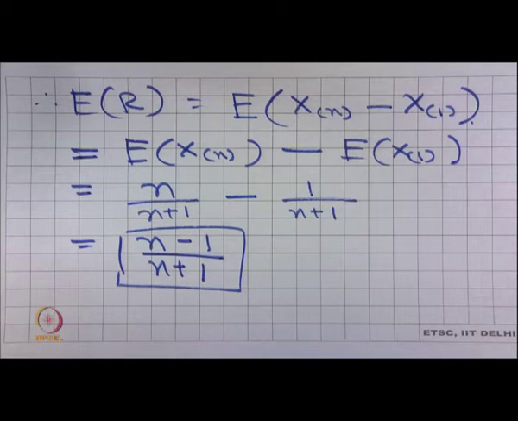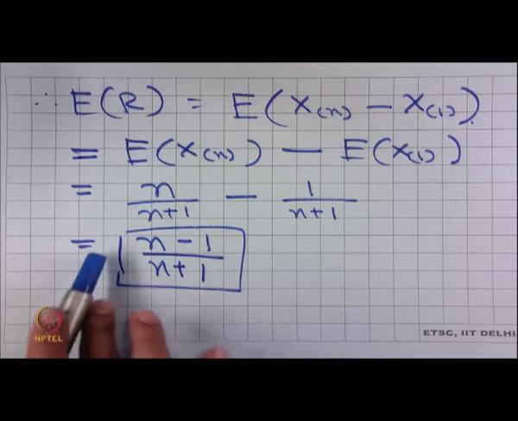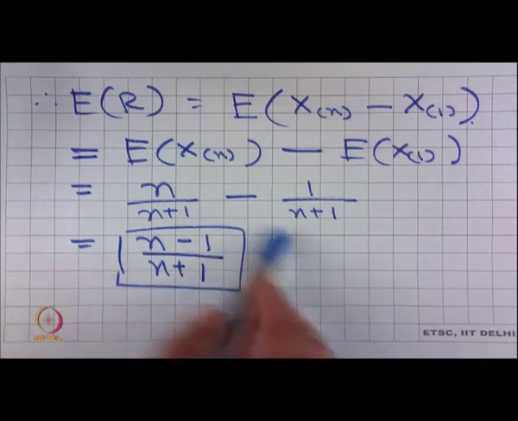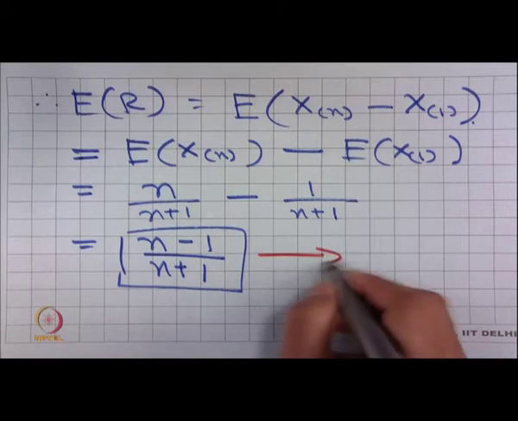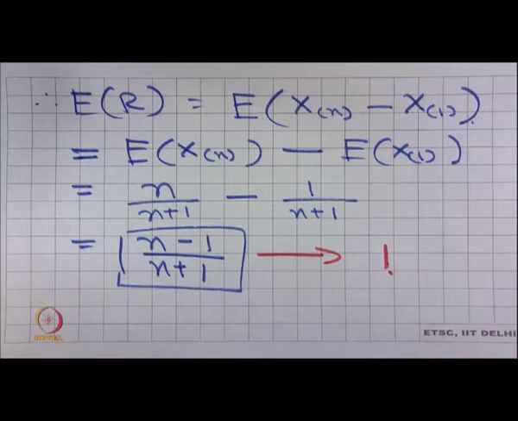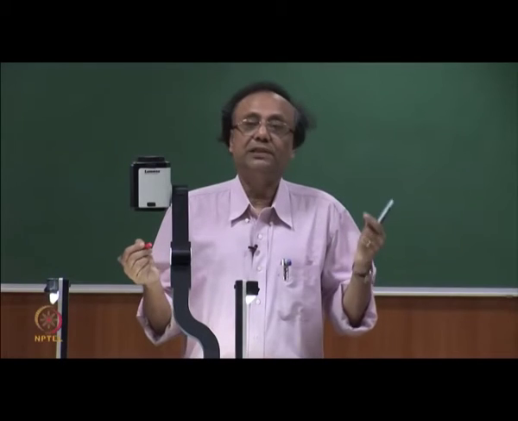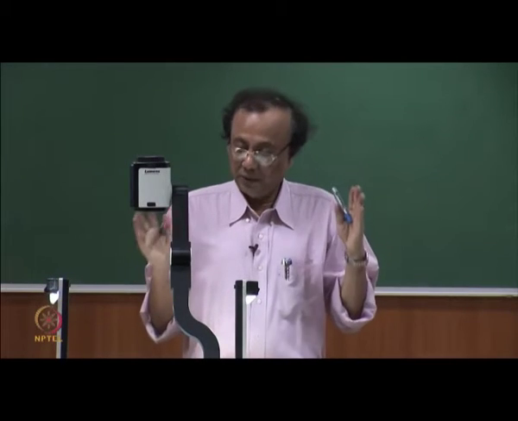Therefore, if we take n samples, the expected value of range is n minus 1 upon n plus 1, which is obviously less than 1, because we are taking samples from uniform 0 1. But what is going to happen as n increases, this value converges to 1, right? And this is expected because we are talking about samples from 0 to 1.